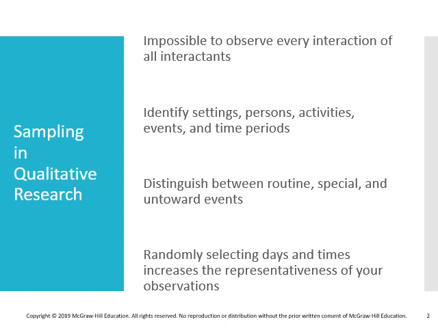As we continue from here, you will notice that on the third point we want to distinguish between routine, special, and untoward events. If you are following along in the textbook, on pages 268 to 269, you see that a routine event is a regular feature, something that happens routinely at a place.